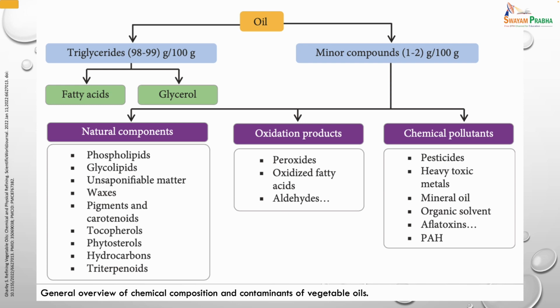Oxidation products are peroxides, oxidized fatty acids, aldehydes, and many more. And chemical pollutants like pesticides, heavy toxic metals, mineral oil, organic solvent, aflatoxins, PAH.